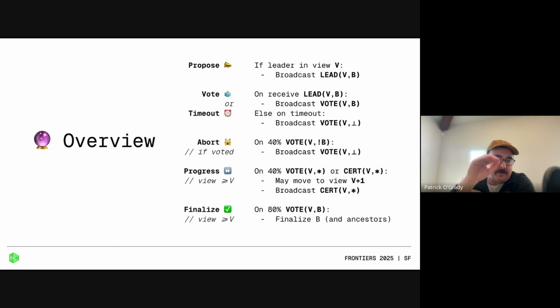Because what can happen is that if you lower it more, you can have more conflicting proposals that need to be decided upon after the fact. If you require 40%, that means 20% is honest.